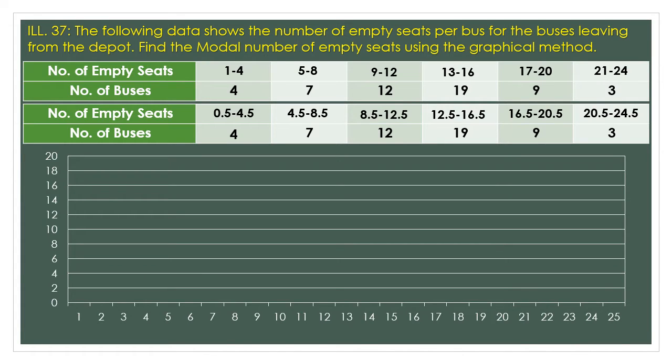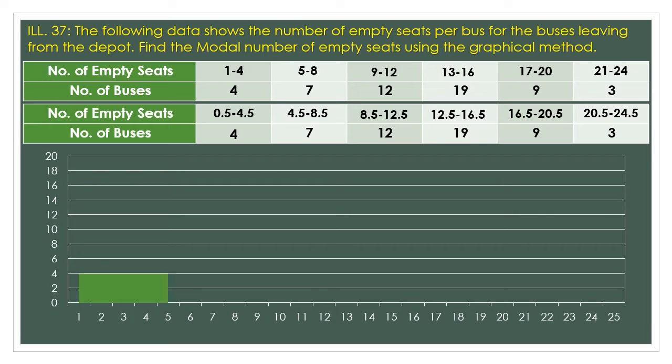Now the first class is from 0.5 to 4.5 and the frequency for that is 4. So what you have to do is draw a bar. A histogram is just a collection of bar diagrams, but these are two-dimensional diagrams. Why? Because usually in bar diagrams only the values of the y-axis matter, but in a histogram values of the x-axis also matter.